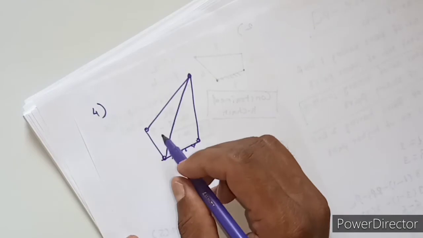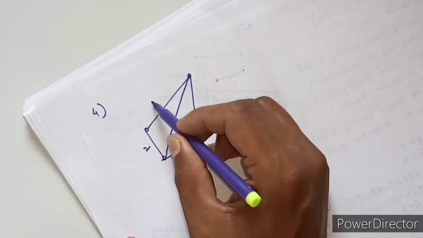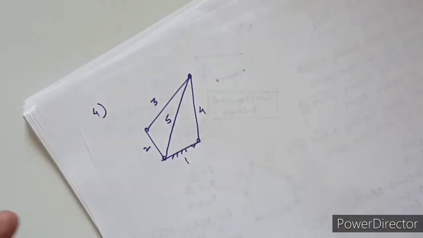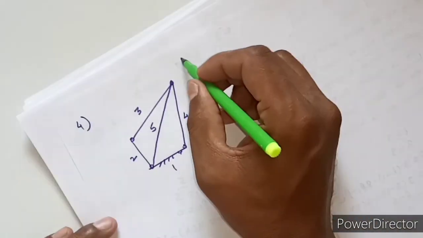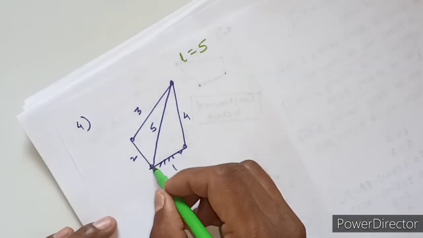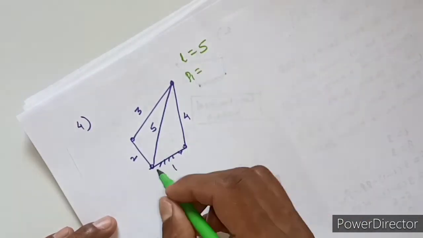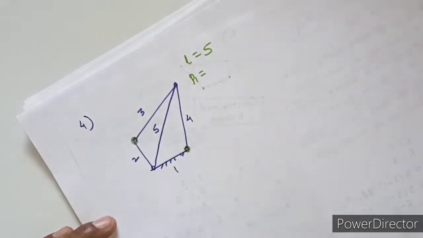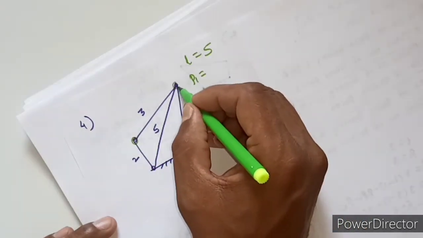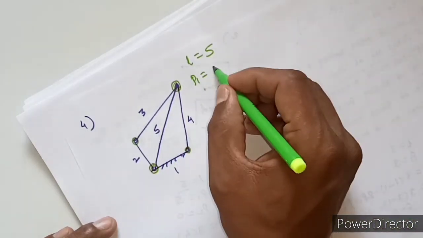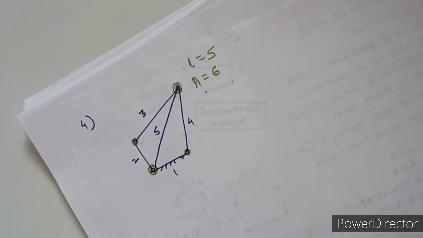So link number 1, link number 2, link number 3, link number 4 and this is link number 5. So total links are 5. P1, the number of binary joints: 1, 2, 3, 4, 5, 6. 6 binary joints are there.